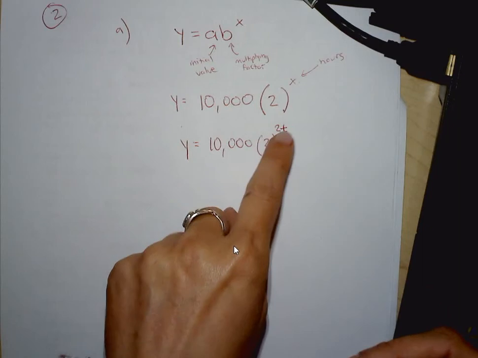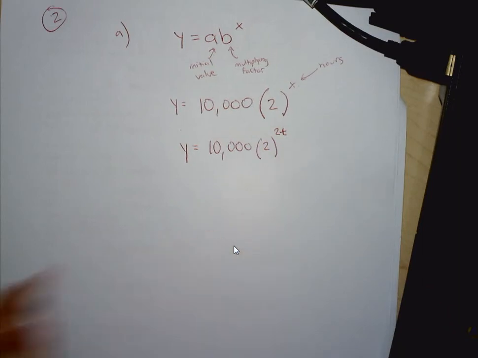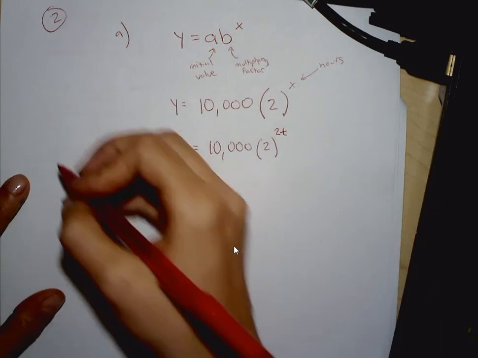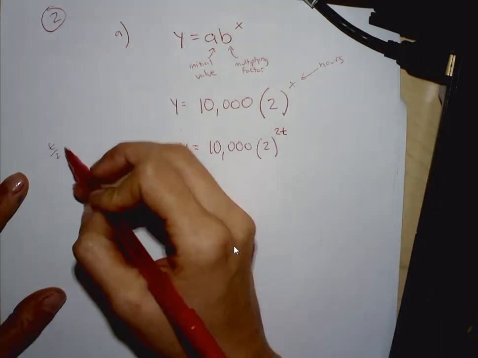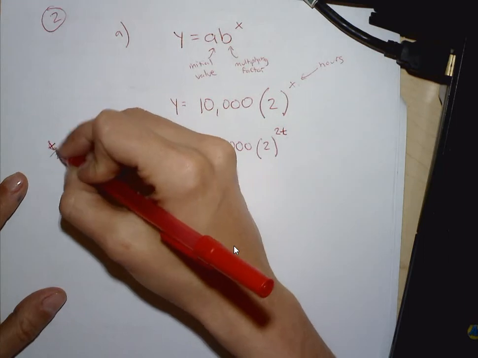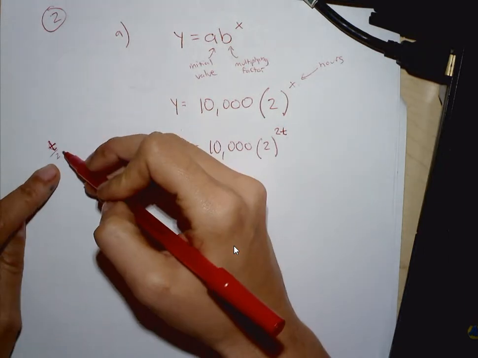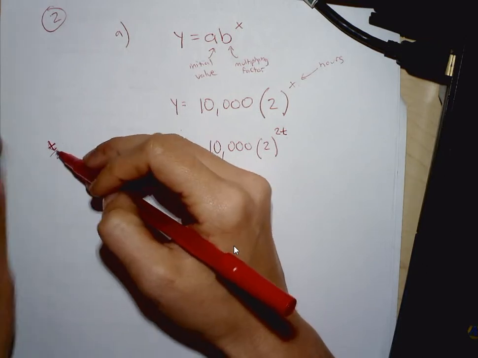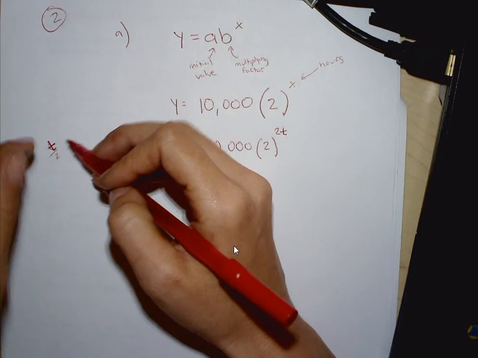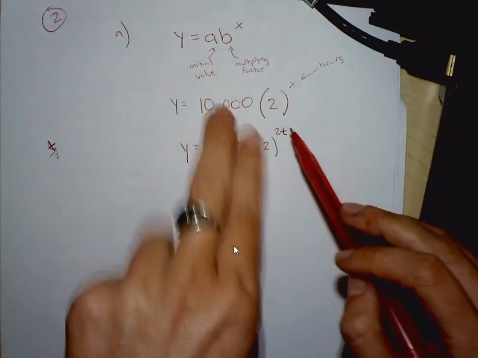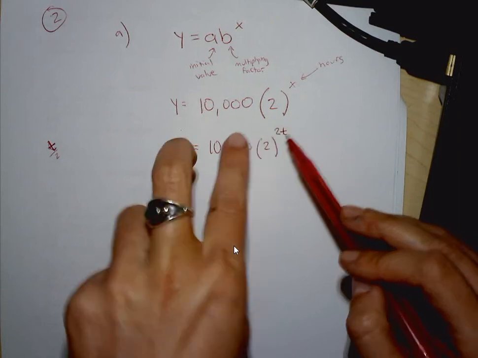We did an example in class where our exponent was t over 2. And the reason why our exponent was t over 2 was because our t was every day, and we were doubling every other day. So since we only doubled every 2 days, we had to divide by 2. But in this case, we're doubling 2 times every hour, since we double every 30 minutes.